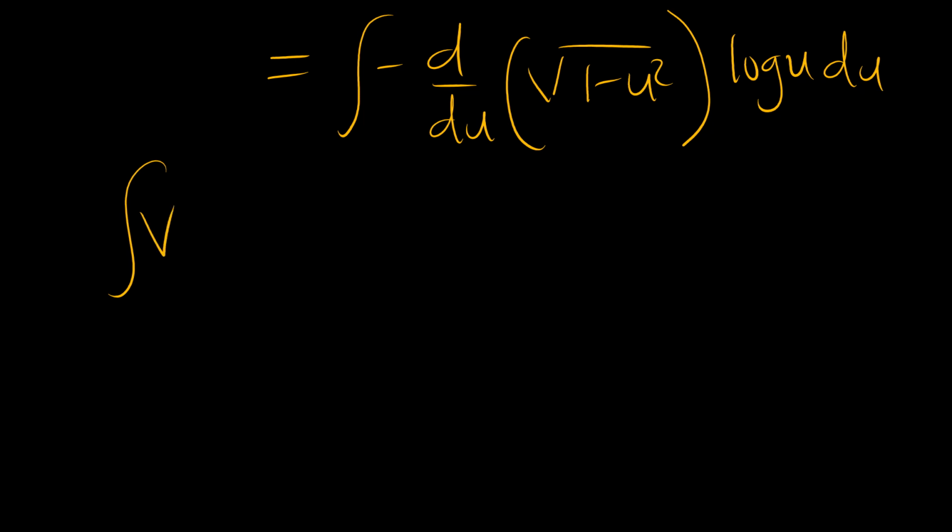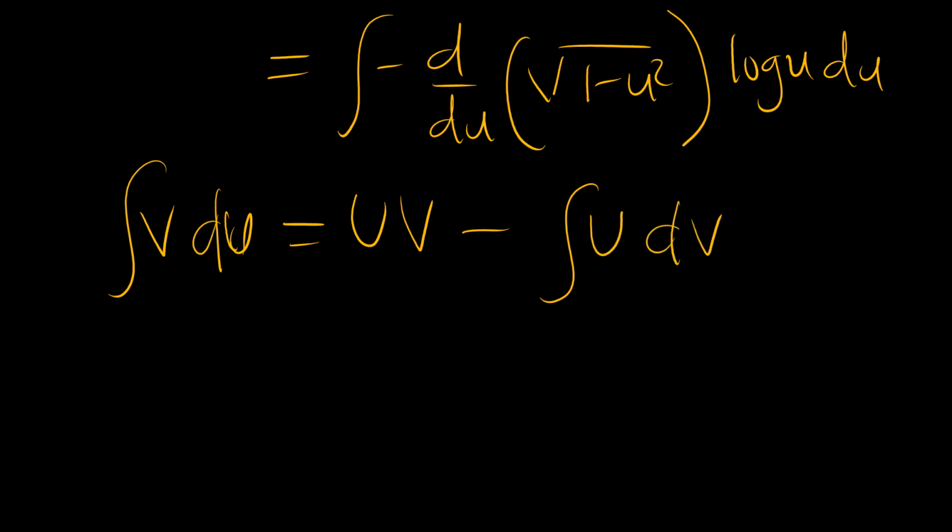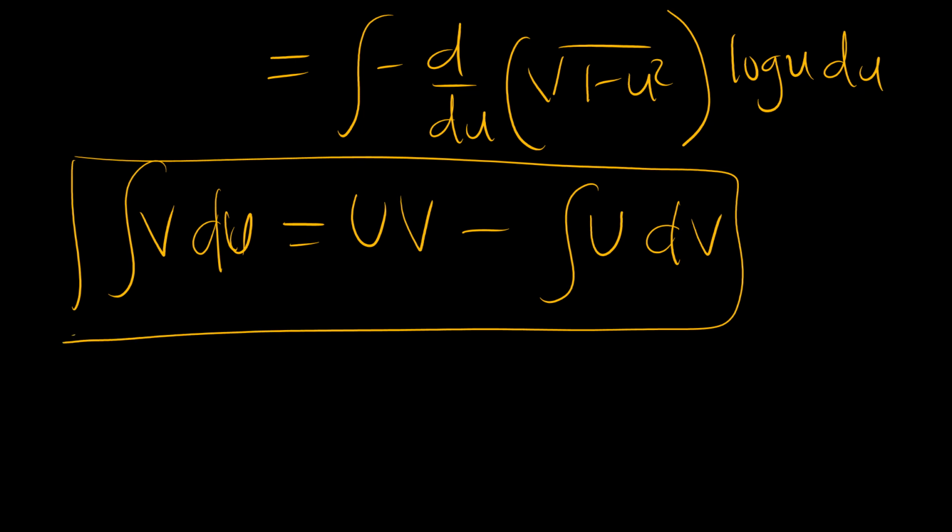If you have a product of v and the derivative of u, integrated, you get uv minus the integral of u times the derivative of v. For our situation here, this happens to be our u, obviously with the negative, and this happens to be our v.